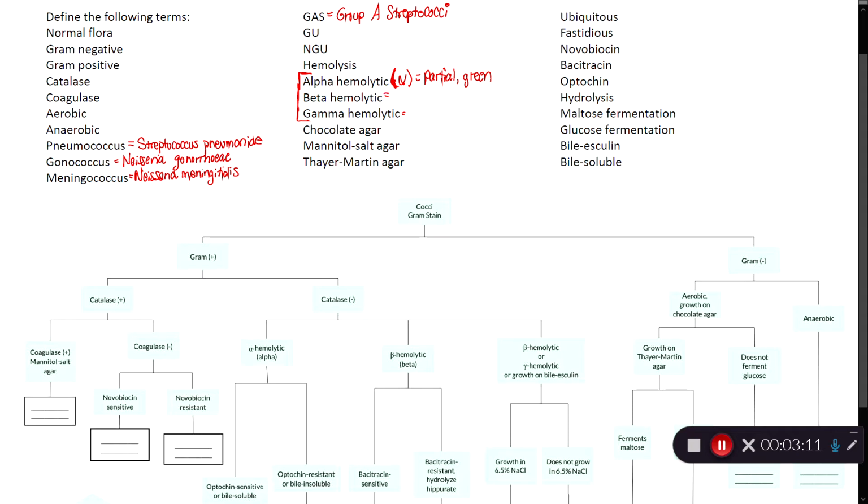Whereas with beta hemolysis, this indicates a complete clearing. And so you'll often see like a clear or a white patch on the agar plate. And gamma just means... Oh, did I just do that upside down? I think I did.